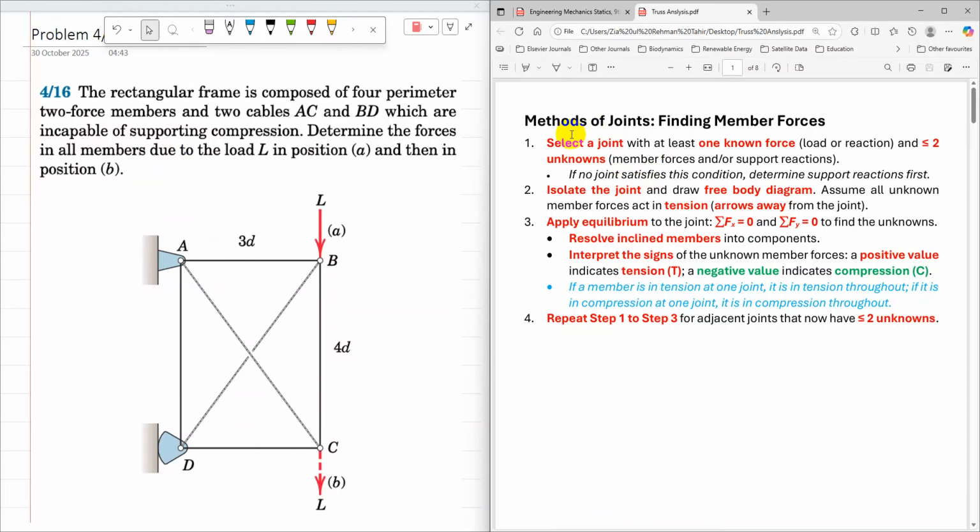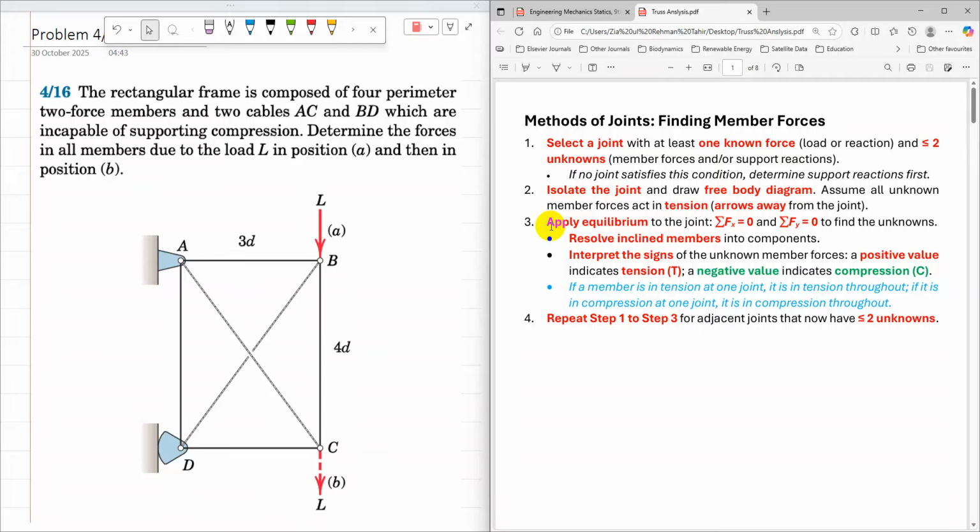The steps to find member forces using the method of joints are listed here. First, select a joint with at least one known force and two or fewer unknowns. If no joint satisfies the condition, determine the reaction forces first. Then, once a joint satisfies the condition, isolate the joint and draw a free body diagram, assuming all member forces in tension, arrows away from the joint.